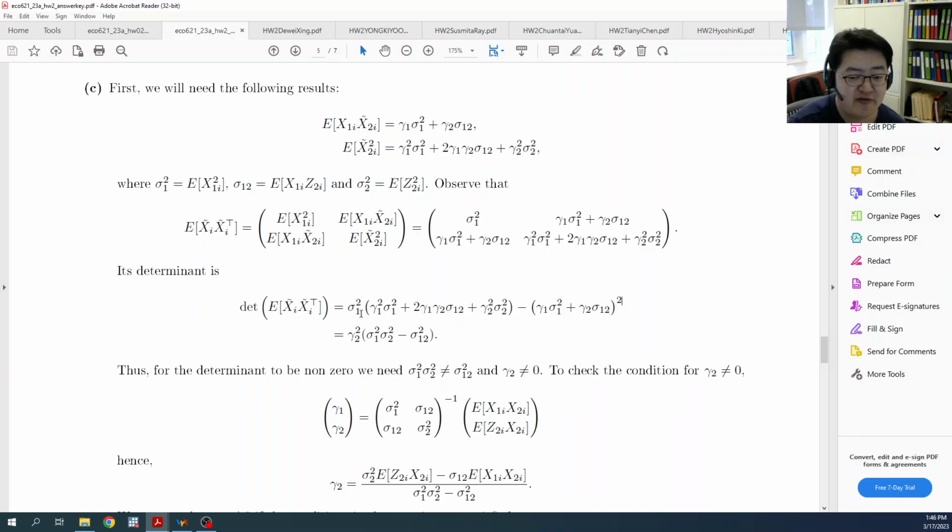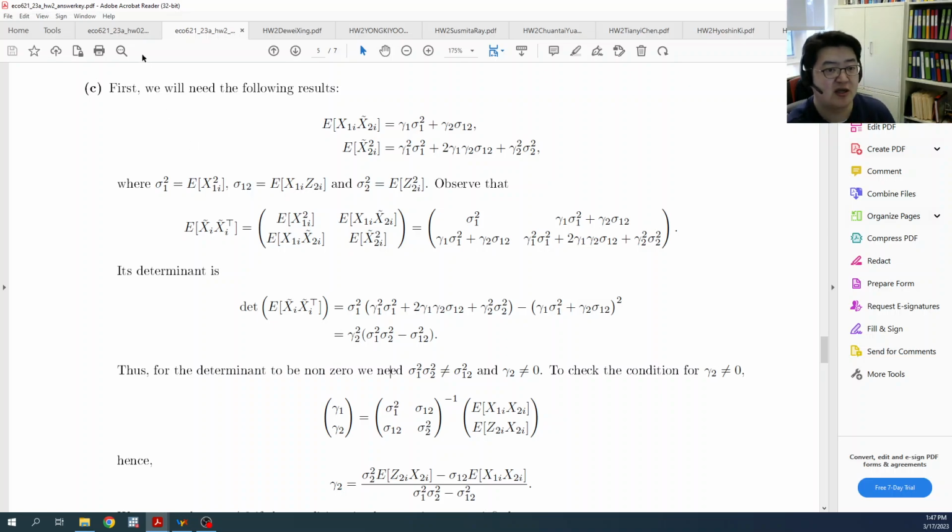And it's actually very simple in the end. You can simplify this form. So what we need is the determinant to be non-zero. That's the full rank assumption. And the determinant is gamma 2 squared times something. So for this to be non-zero, both of them should be non-zero.